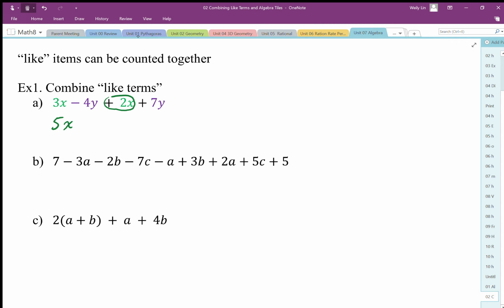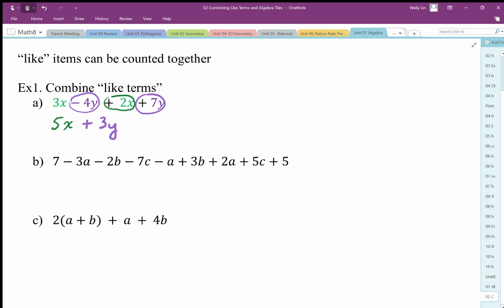Where it's really important is this next example where we need to keep track of this negative in particular. We cannot say 4 plus 7y because we have to keep track of the signs here. The plus minus signs indicate what we're starting with. We're starting with a minus 4y, and then we're going to add 7y's. Well, that means they're going to count against each other, and we're going to end up with positive 3y's.